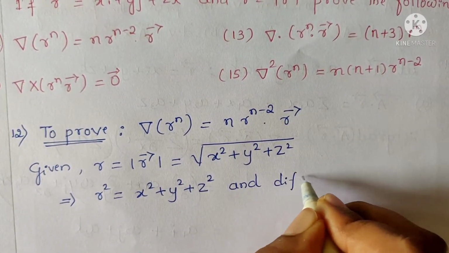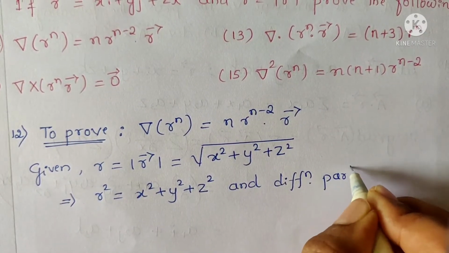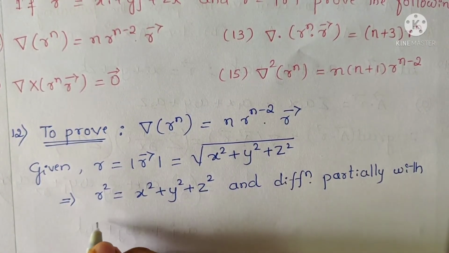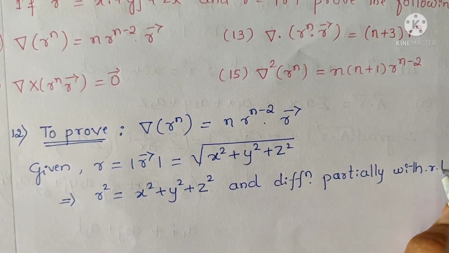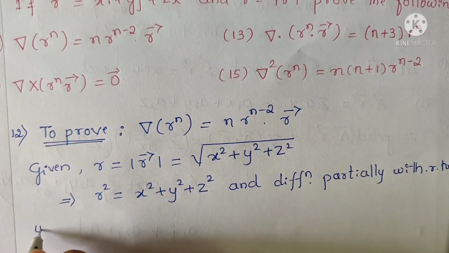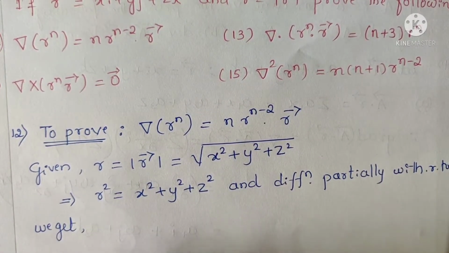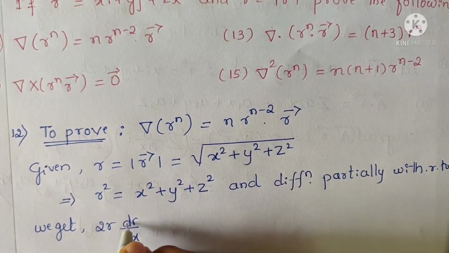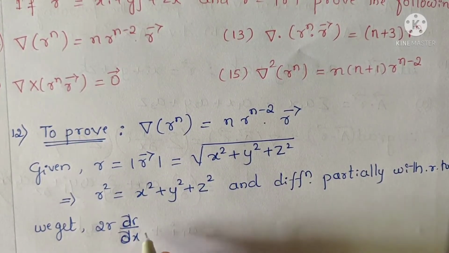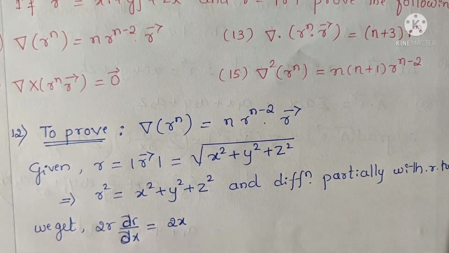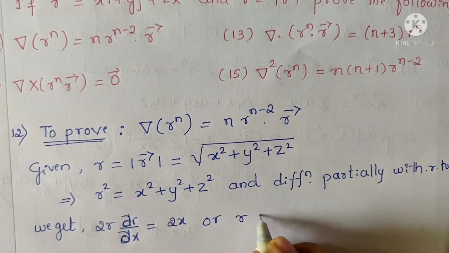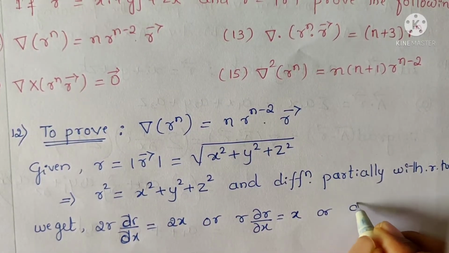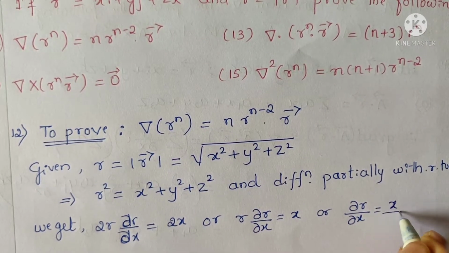And differentiating this partially with respect to x, we get here it is 2r into dr by dx, and dou r, sorry, I am differentiating partially, so 2r dou r by dou x is equal to 2x, or r into dou r by dou x is equal to x, or dou r by dou x is what? x by r.